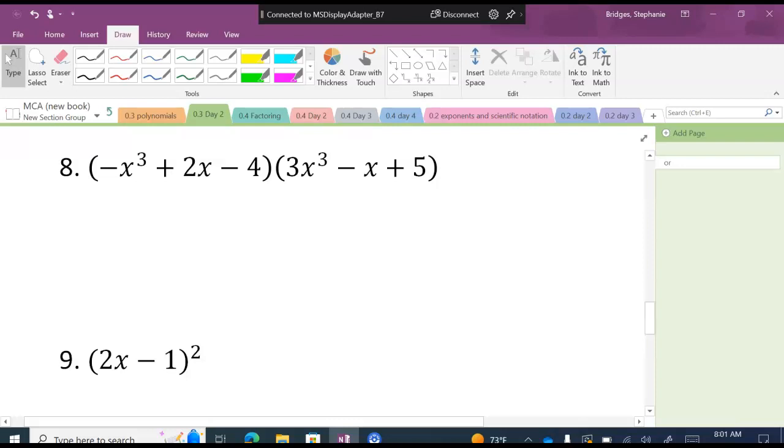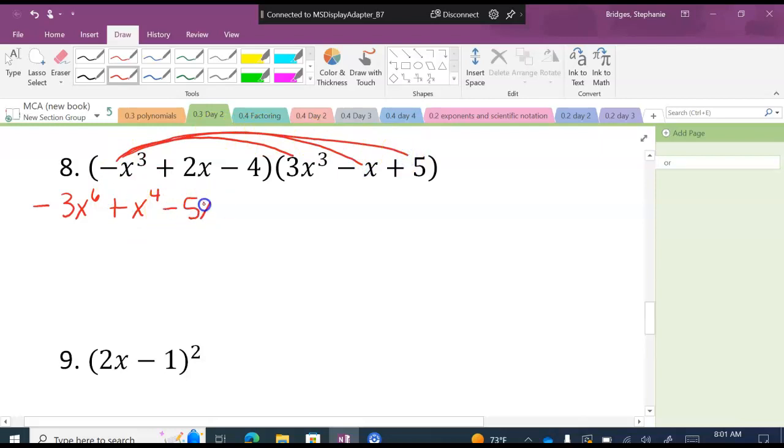Again, with 8, I'm just going to distribute each term in the first parenthesis to each term in the second parenthesis. Just be careful with your signs as well, because that could cause an issue. That x to the third that I'm distributing is a negative. Then we're going to do the 2x.